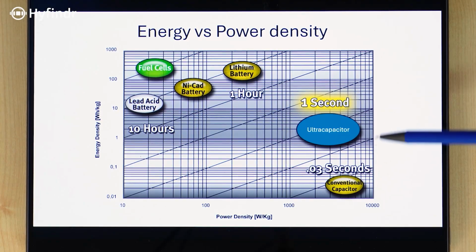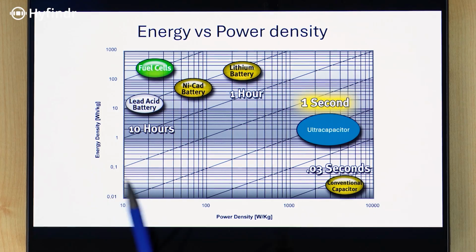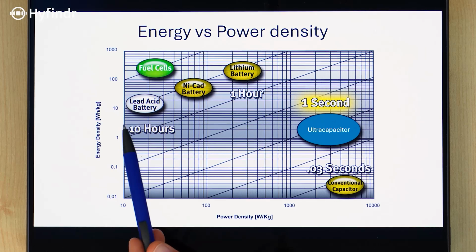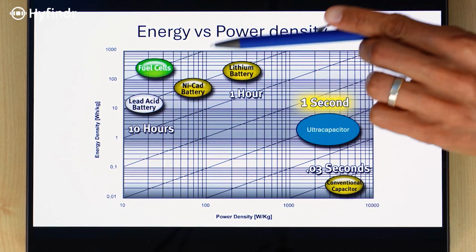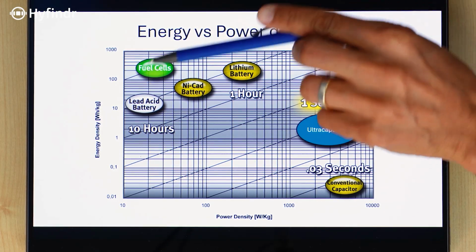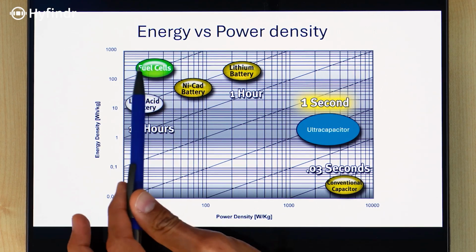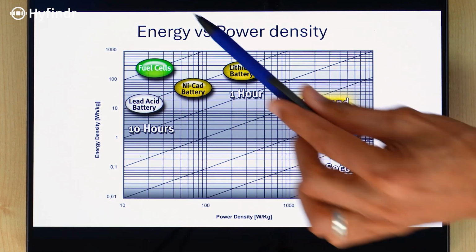Okay, to understand. And just going back to this diagram here, we have energy density versus power density. This means how much energy am I storing per kilo, so per weight. There you have batteries higher, and fuel cells, when they convert from hydrogen, also higher.